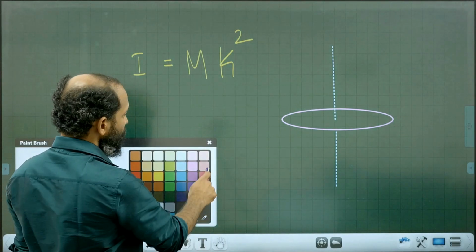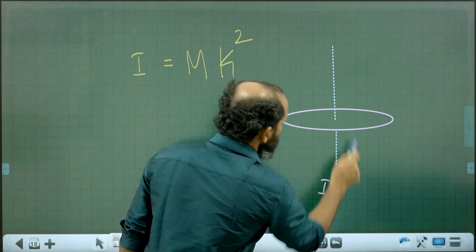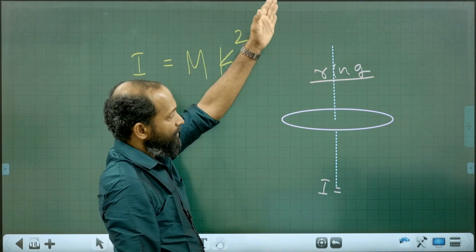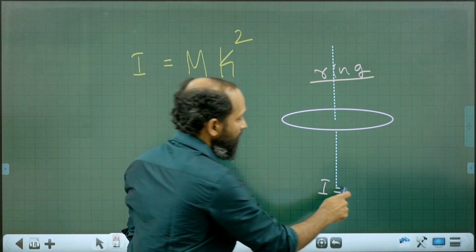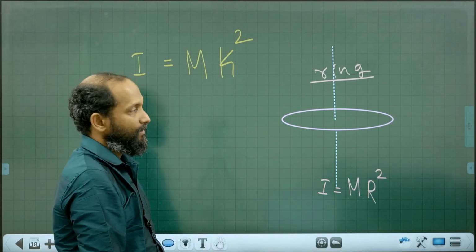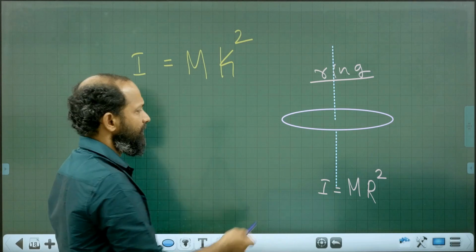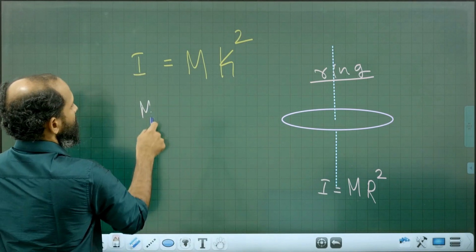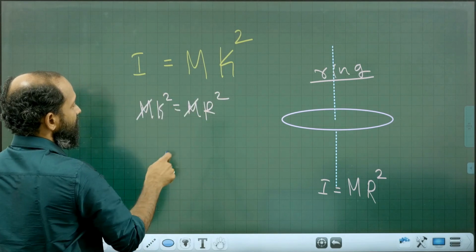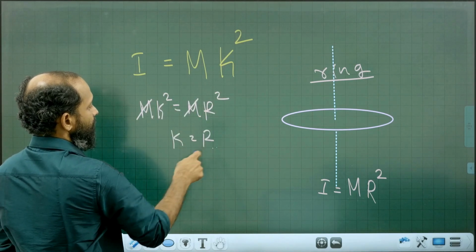We know moment of inertia of a thin uniform ring about the axis passing through the center of mass and perpendicular to its plane is m r square. Then what is the radius of gyration? You equate that to m r square. So m gets cancelled, you get k is equal to r.